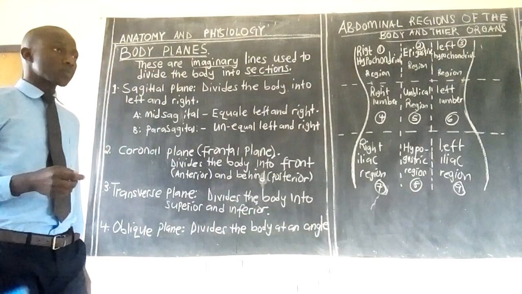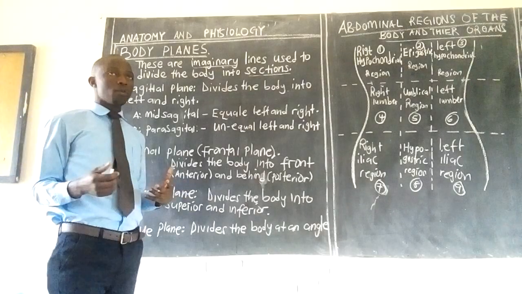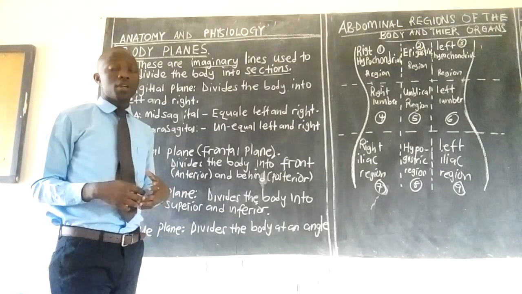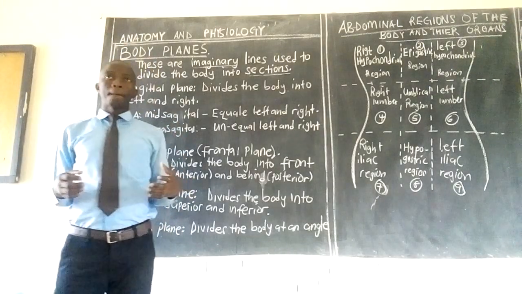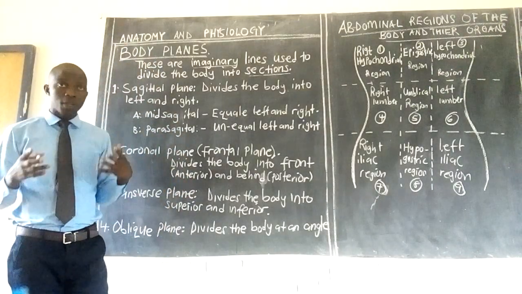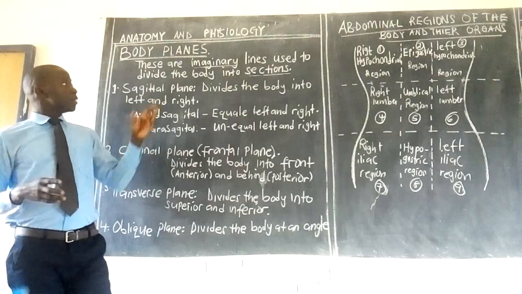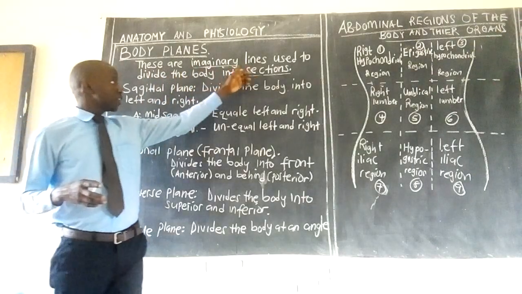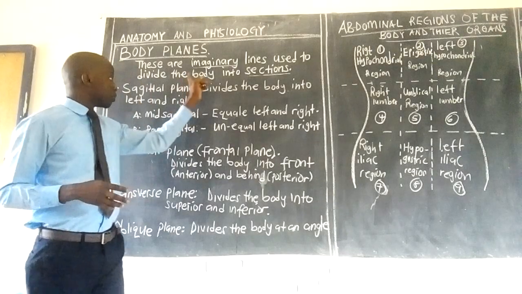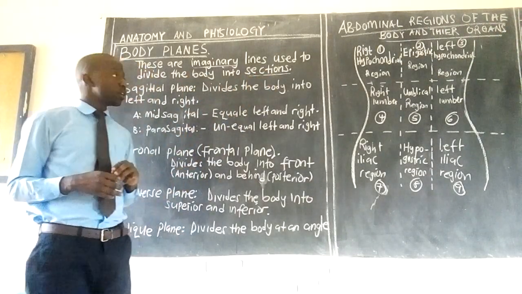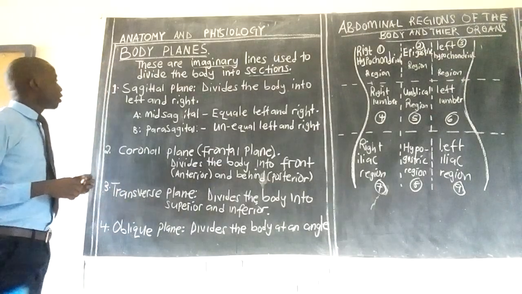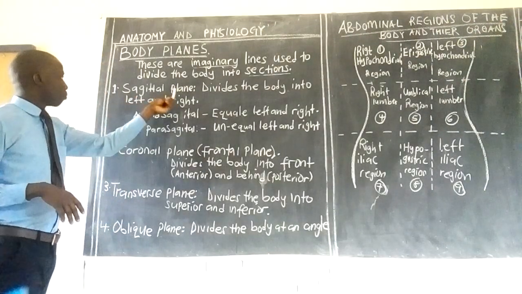So, if I have a given body organ, or a given body structure, or a human body, these imaginary lines help me identify the body sections, like we are going to see. And our first plane is what we call the sagittal plane.